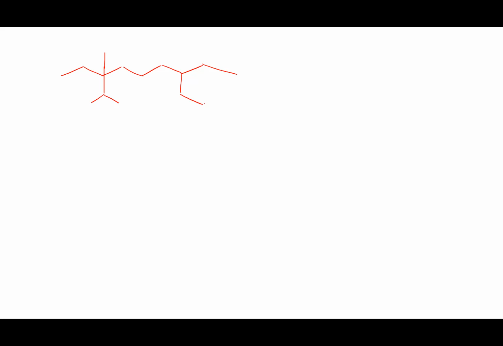That's my parent name. And then once I find the longest continuous chain, there are going to be groups off of that called the substituent groups. They use this term locant, which I don't know what it means, but I use substituent.